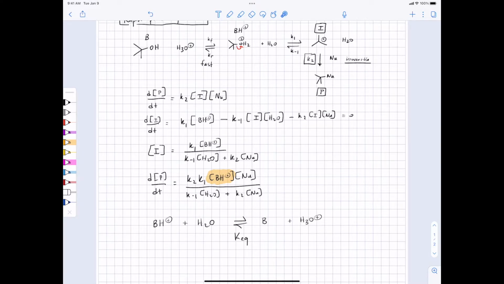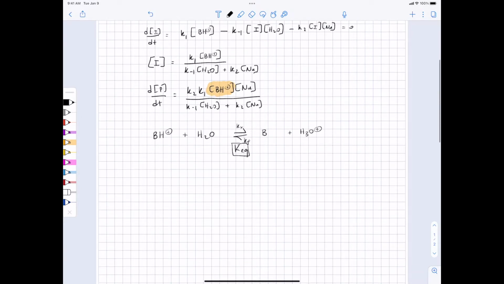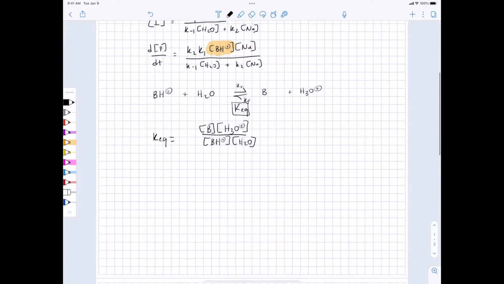Going from the alcohol to the protonated alcohol is Kf, and going from the protonated alcohol to the alcohol is Kr. In any case, there's an equilibrium constant, and that equilibrium constant equals the concentration of the alcohol times the H3O+ concentration divided by the concentration of BH+ times the concentration of water.